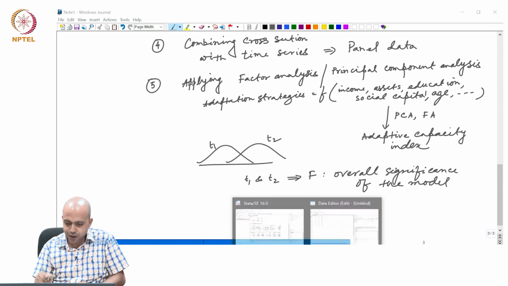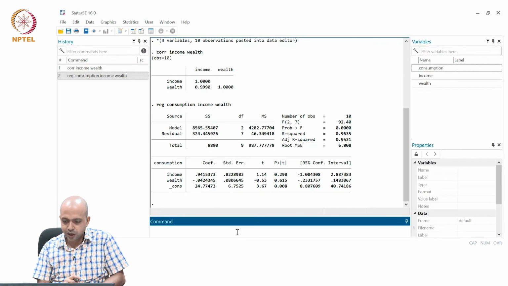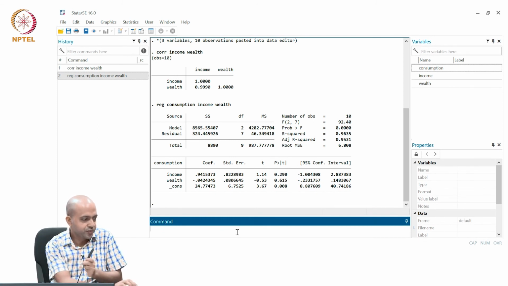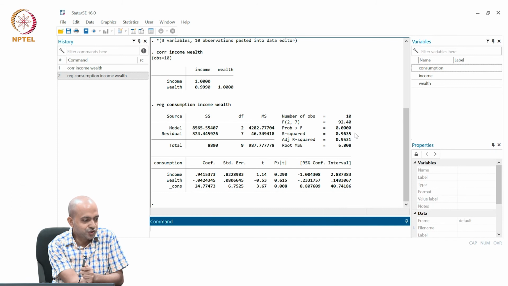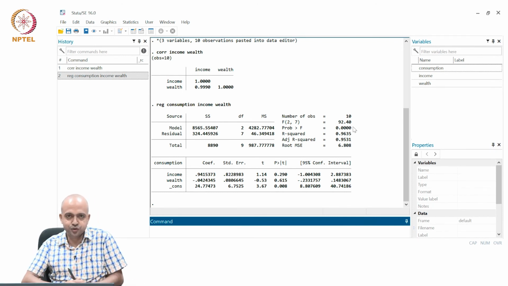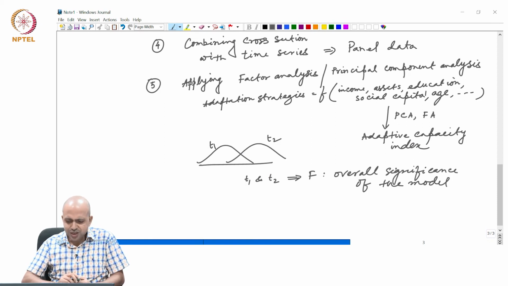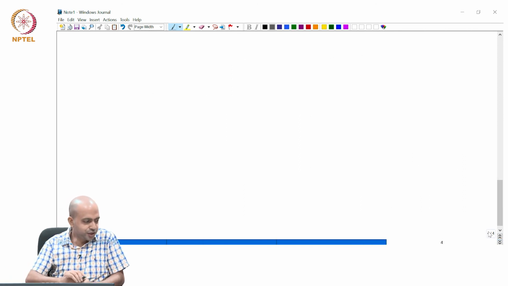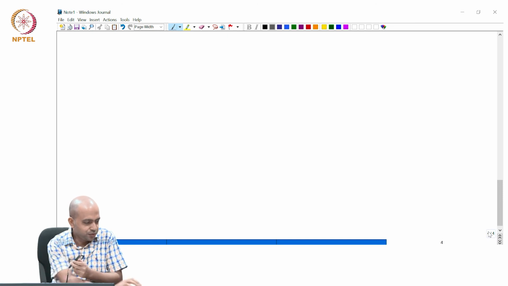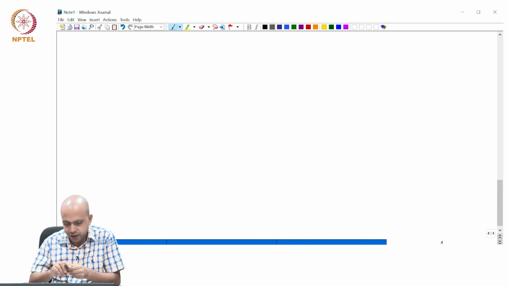And what is the value of F? Look at the value of F. The F value is 92.40 and the P value associated with that F is 0.0000, which is highly significant. Now, what is happening in the context of multicollinearity?